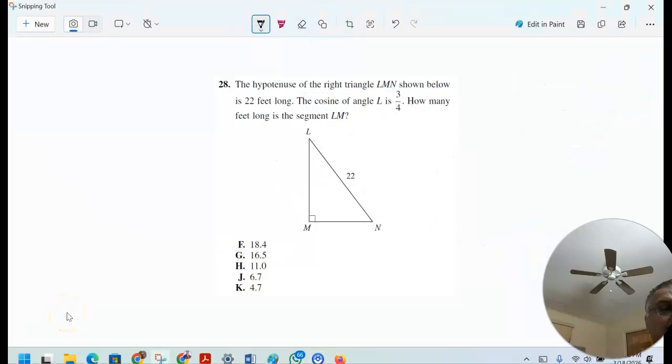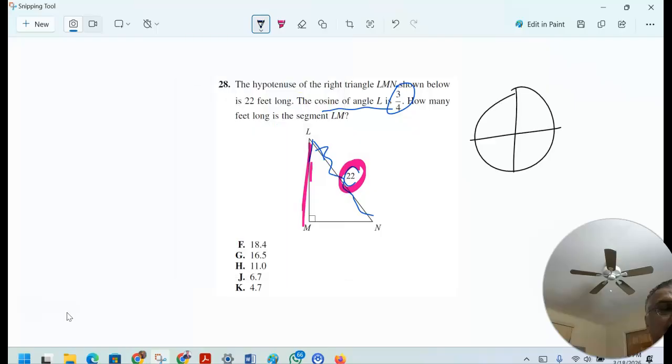The question arises: can we do this without too many steps? Now, this is 22, and the cosine of the angle L is given as 3/4. It means this should be 3/4 of this 22. So I can break this 22 into 4 parts. If it is 20, each part will be 5, and if it is 2, each part will be 0.5, so each part will be 5.5. So 4 pieces will be 5.5, 5.5, 5.5, 5.5.